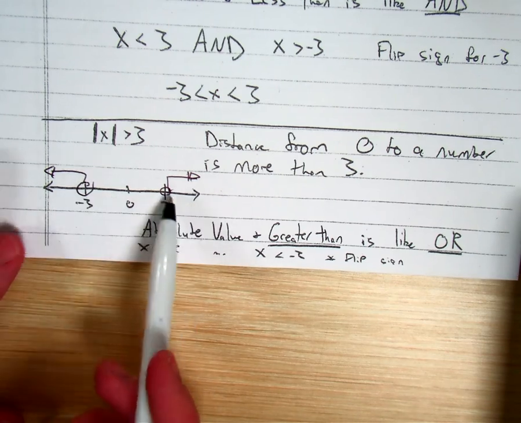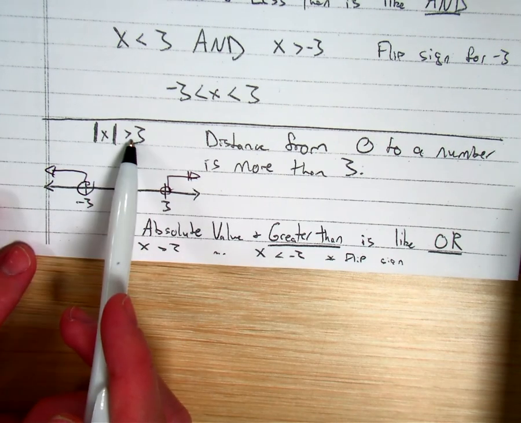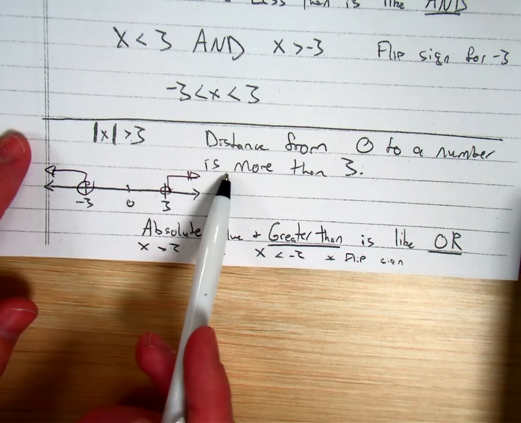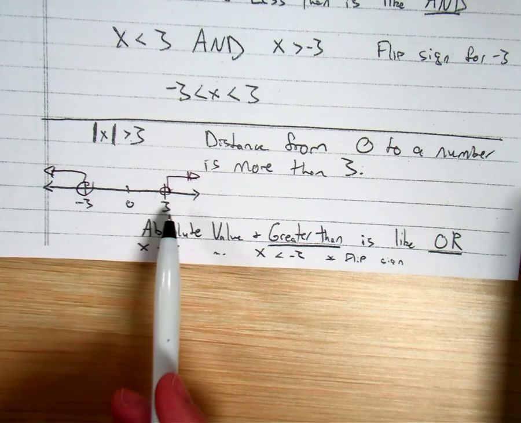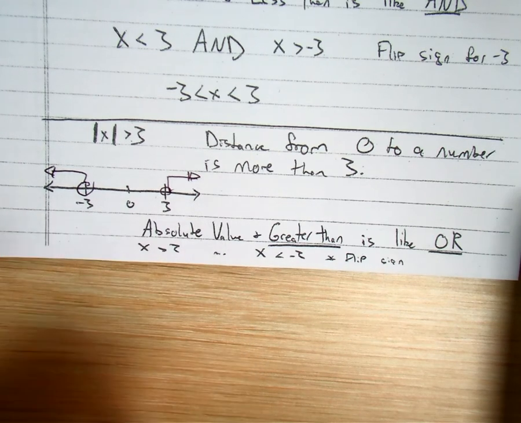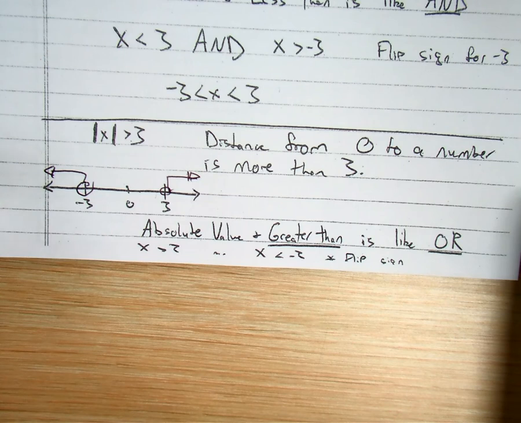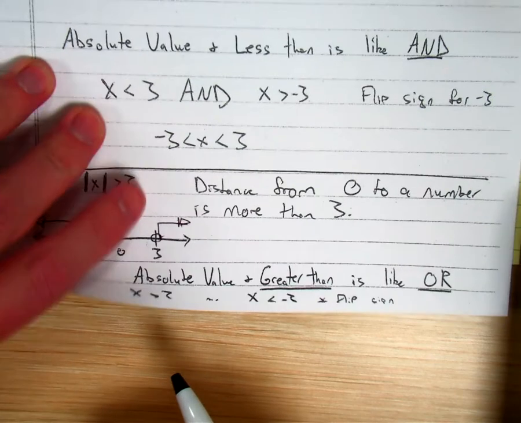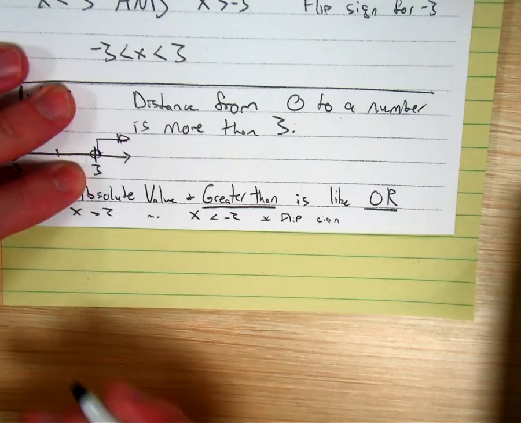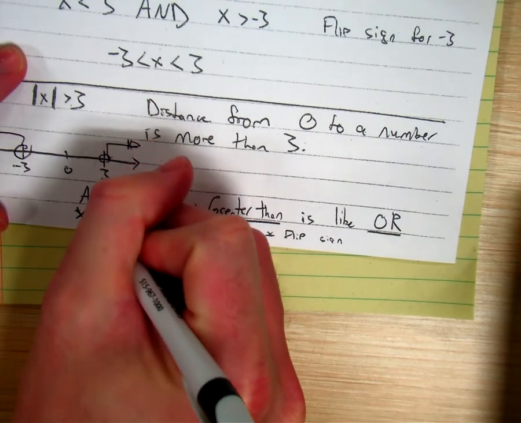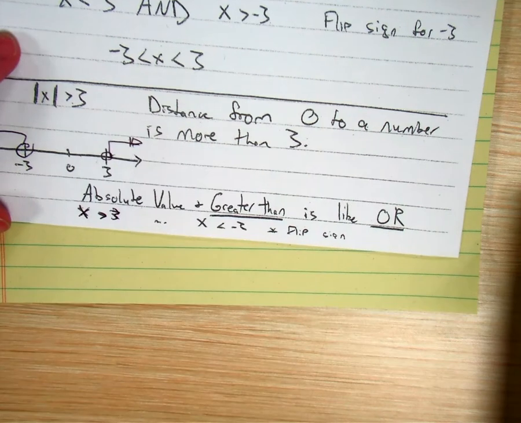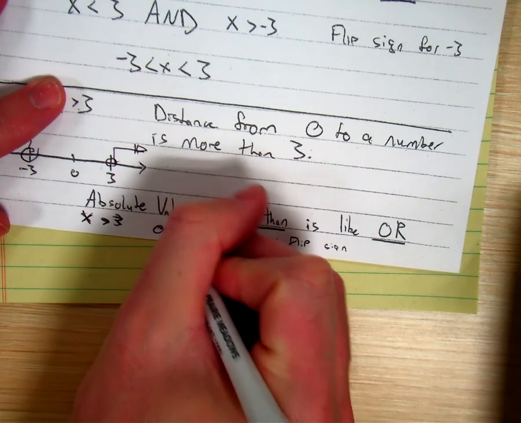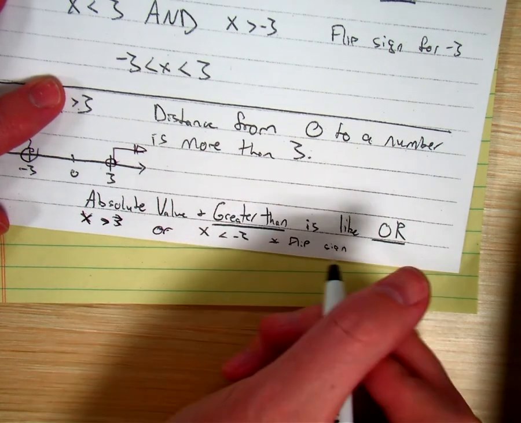So again, now we have an absolute value with a greater than symbol, and we're going out. We're forking out, a fork, or, okay? Absolute value with a greater than is like an or. X is greater than 3, or, this got cut off on the copier, didn't it? We would have x is greater than 3, or x is less than negative 3.